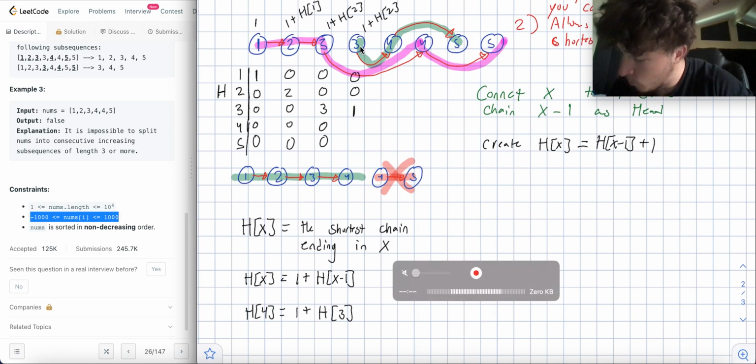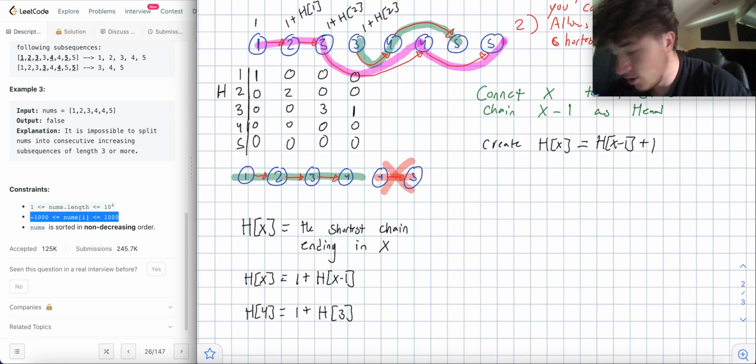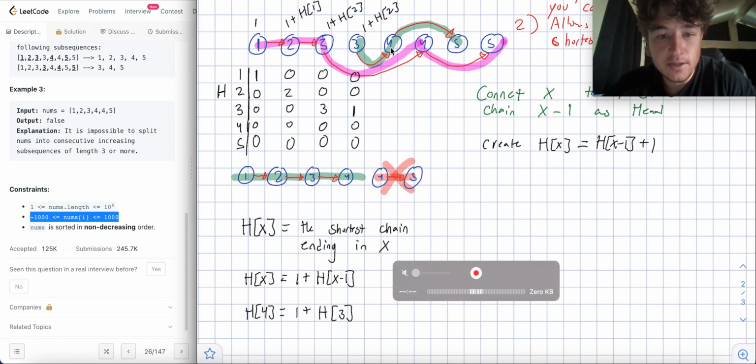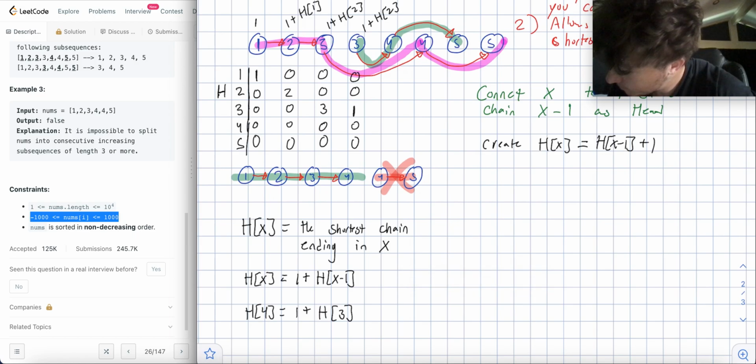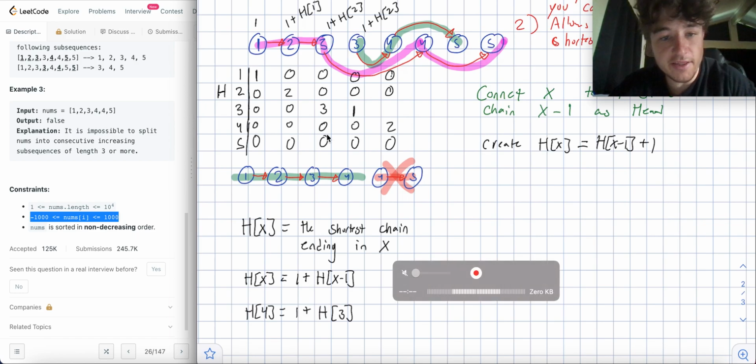But also, once I connect, here's where it gets weird, right? When I connect this 3 to a 4, I'm going to have a chain of length 4 here. But that chain of length 3 is still here, right? At this point, this is not 0. Because at this point in the system, there's still this 3 here that's not connected to, right?